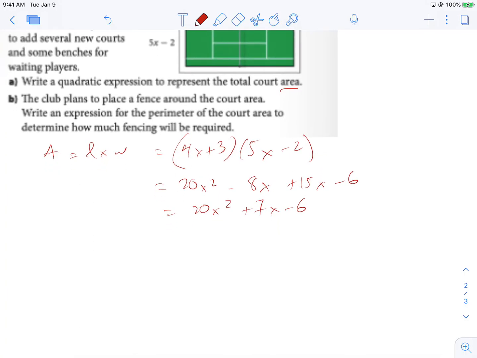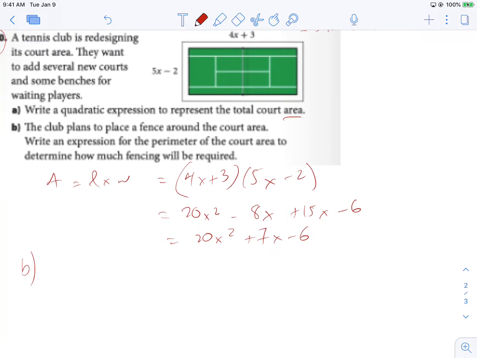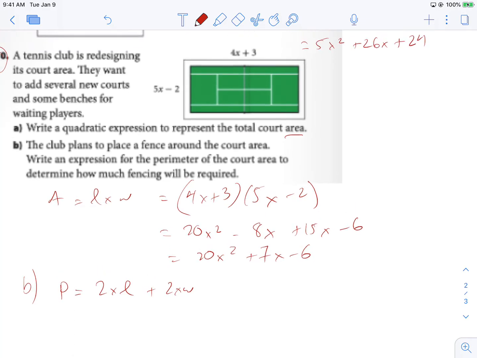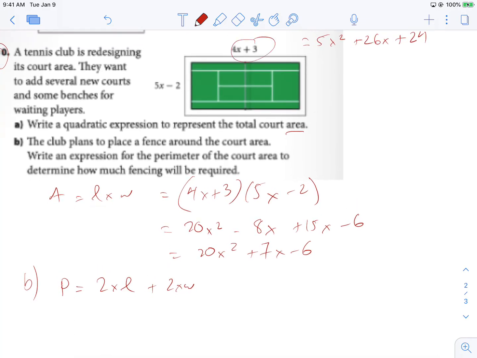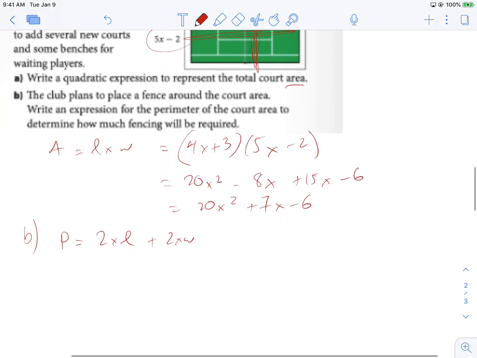Awesome. That's the area. Now, for perimeter, remember, for a rectangle, perimeter is 2 times the length plus 2 times the width. We know that formula, right? So 2 times this, because there's 2 of them, and 2 times this, because there's 2 of those. So we're trying to figure out what's the perimeter of this thing.